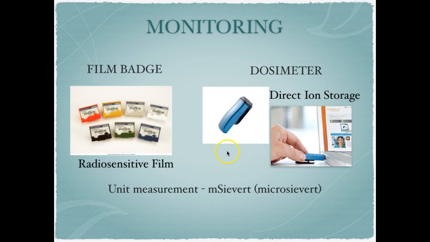Some of the newer ones are this type of dosimeter where it's direct ion storage, and so the radiation exposure is actually stored and it's then read via a USB device, and the USB is within this dosimeter. The unit of measure for the amount of exposure is called the sievert, and we should be dealing in microsieverts.